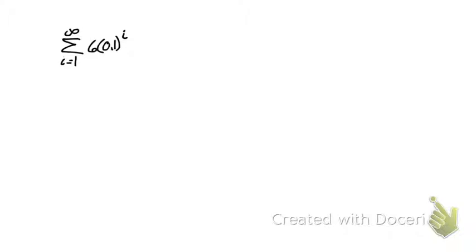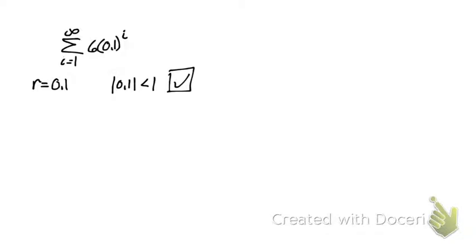It is geometric because it's exponential. As soon as I determine it's geometric, then we determine is it infinite or finite? Well, it's infinite. So since it's infinite and geometric, we do have to get our common ratio, which is 0.1. And then we have to do that check. We have to make sure the absolute value of 0.1 is less than 1. It is. So we can actually find the sum.